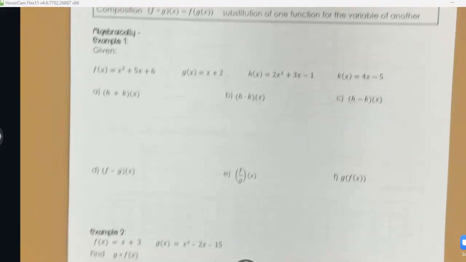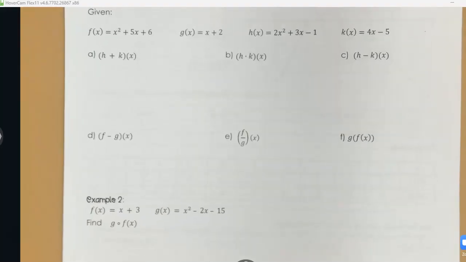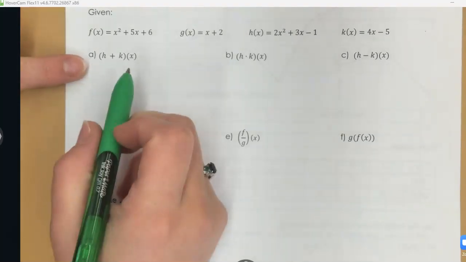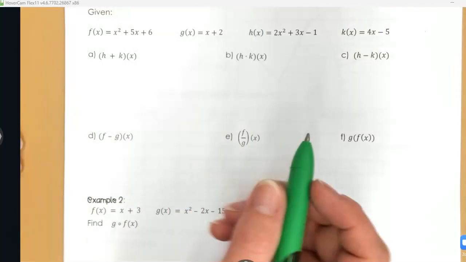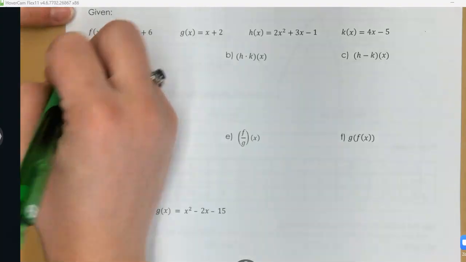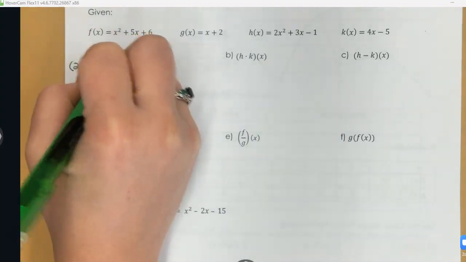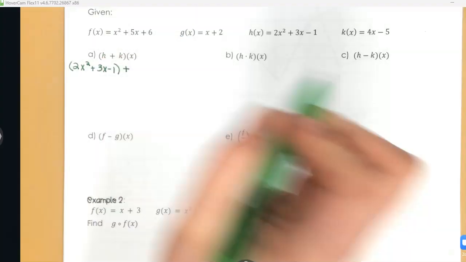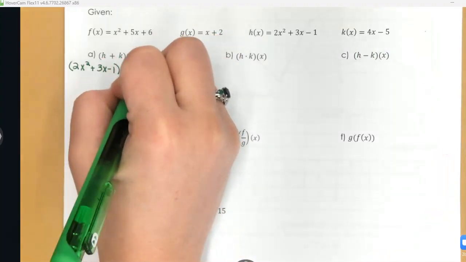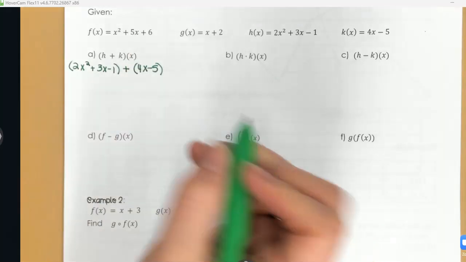I have f, g, h, and k, and part A wants me to do h plus k of x, which means I'm going to take h of x, which is 2x squared plus 3x minus 1, and I'm going to add k of x, which is 4x minus 5.